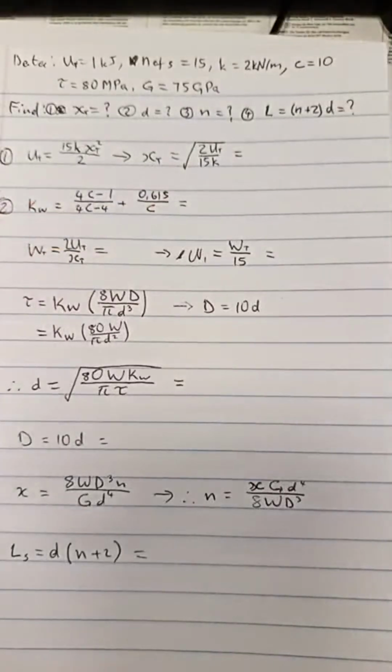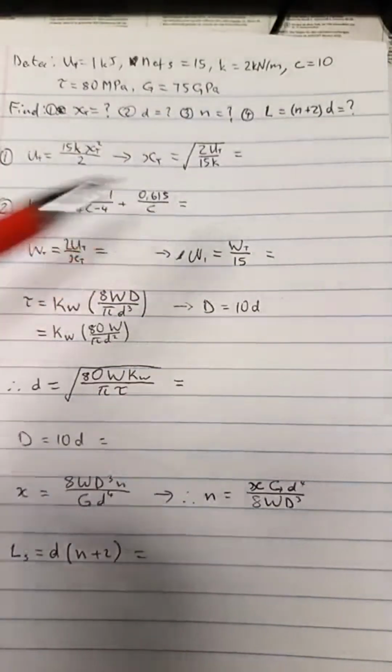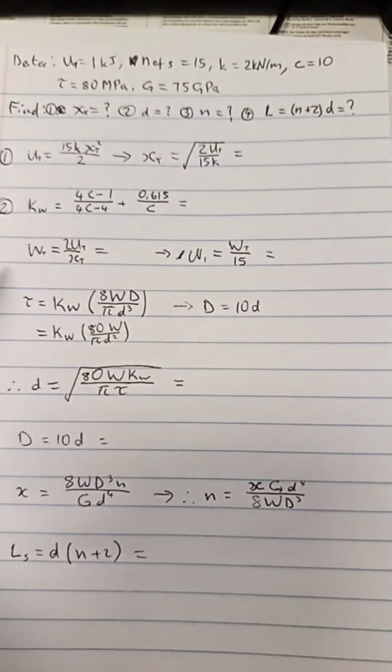That's number one. Then the second question was the diameter of the spring wire by using Wahl's factor. If we're using Wahl's factor, that is why we have to calculate this kW, because that is Wahl's factor. Then we get the answer. Then after that, we are going to find shear stress.